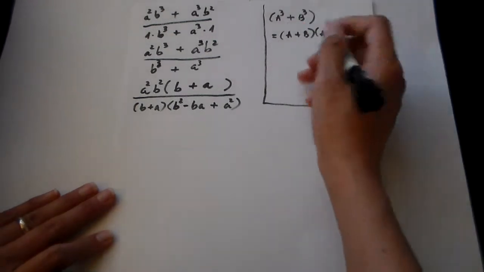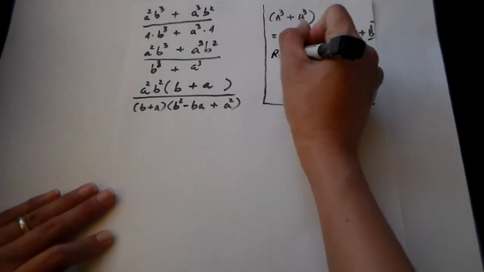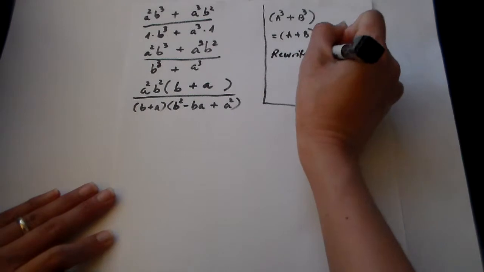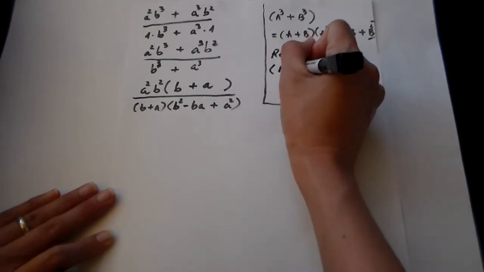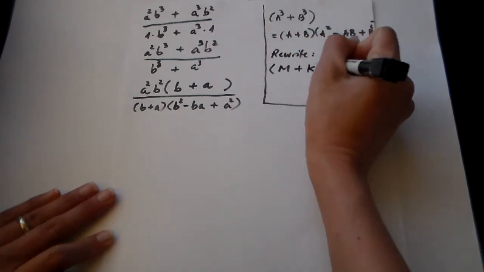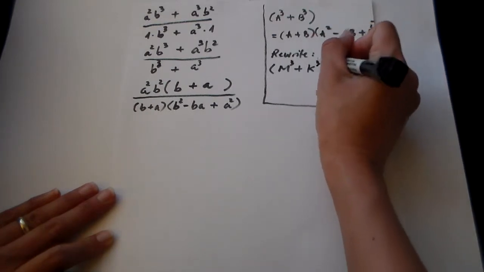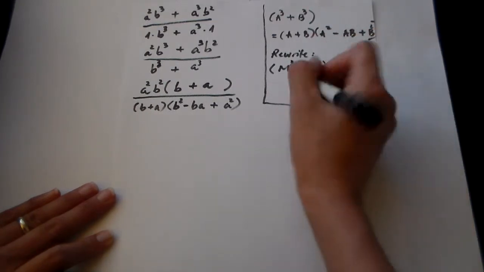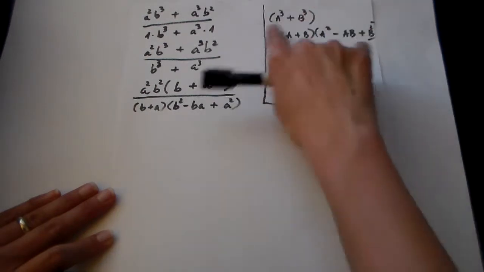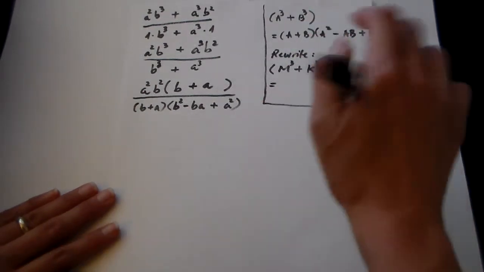Or, if I rewrite this formula in a better form, let's say m cubed plus k cubed, if it helps you. Basically it's the same formula, we just use different letters.